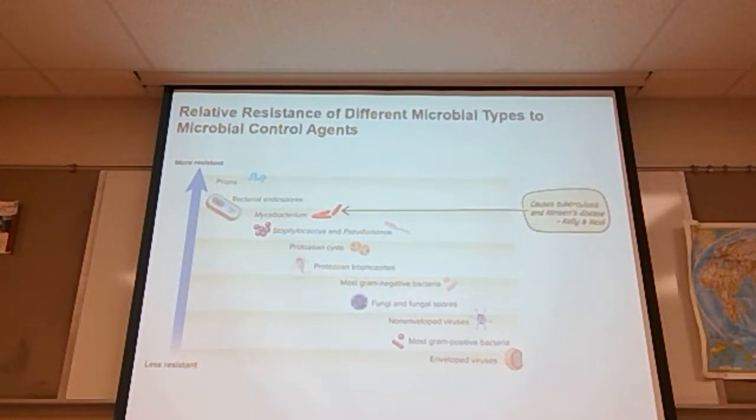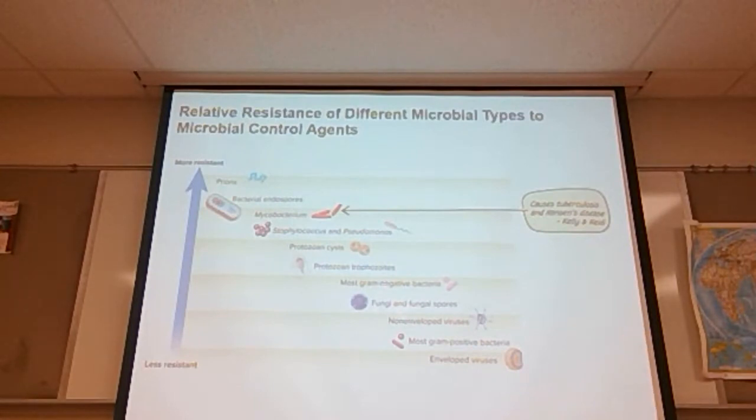Most gram-negative bacteria, these things up here tend to be gram-positive, while gram-negatives are down here. Gram-negatives are a little easier to deal with because they have that outer capsule of lipids, and that is easily removed by simple application of alcohol.